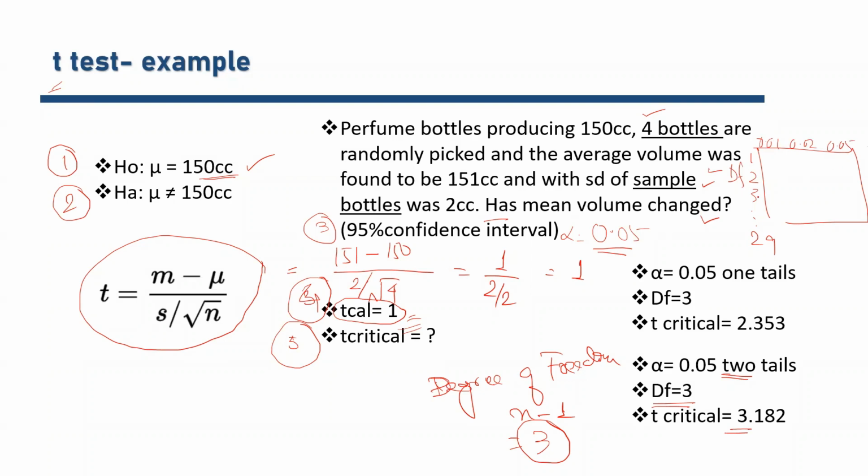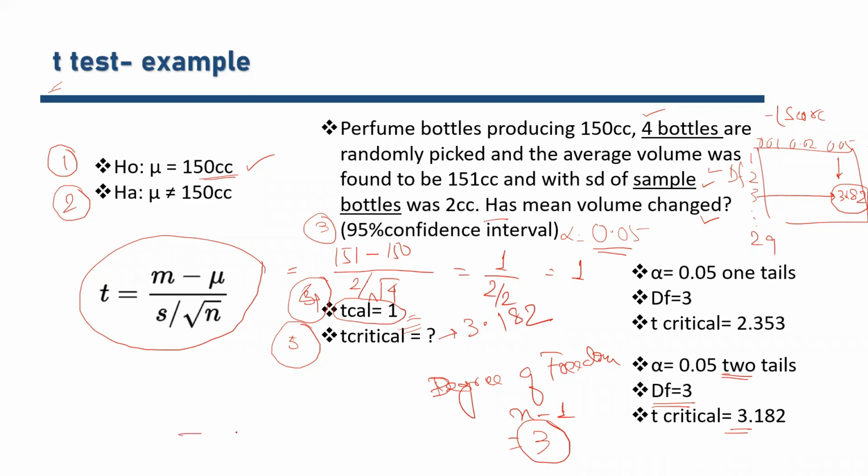So from this, if you find degree of freedom 3 and your alpha value is 0.05, the value will be 3.182. This is what we have from the T table, the T score table. The critical value is 3.182.